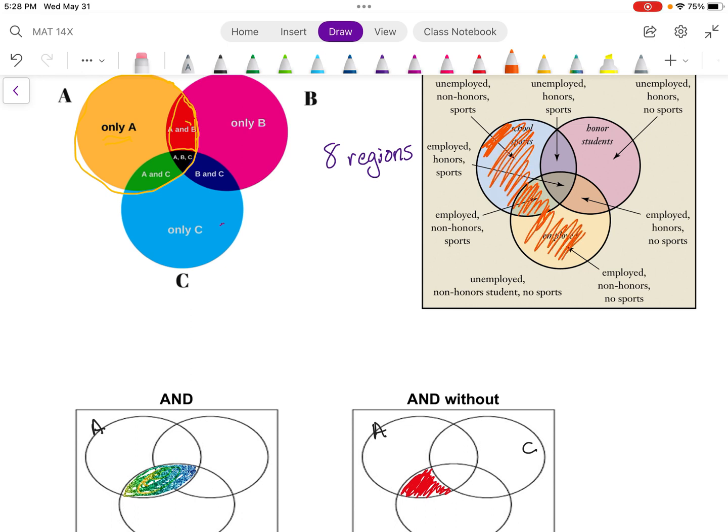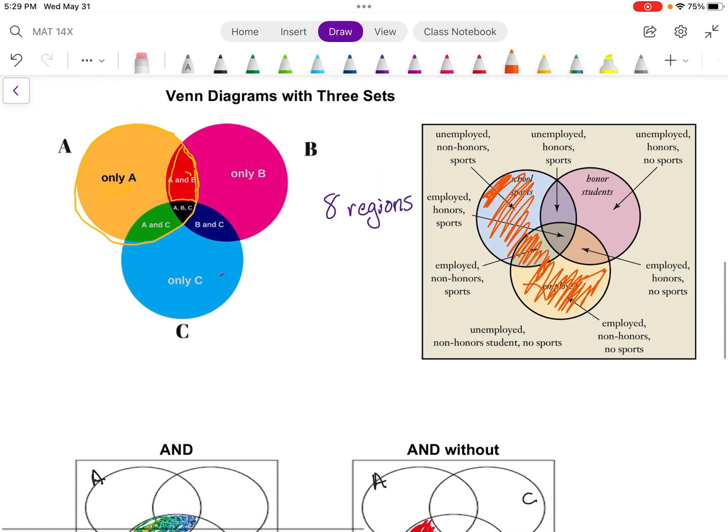But notice I'm not including any part of that honor student circle. So it's all of these people and all of those people play school sports or are employed, but they're not honor students.